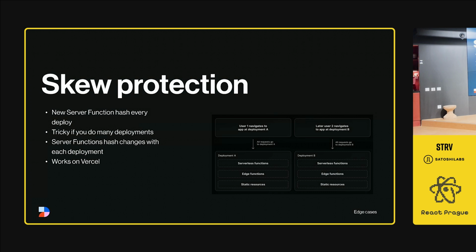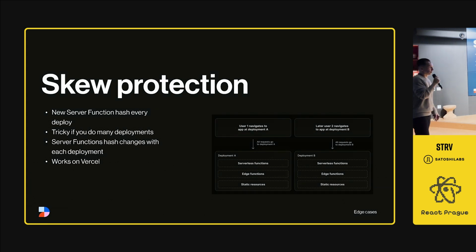And that leads us to our findings and experiences with RSC. First one is skew protection. The thing with skew protection is that with every deployment, all the server functions are marked with a different hash.